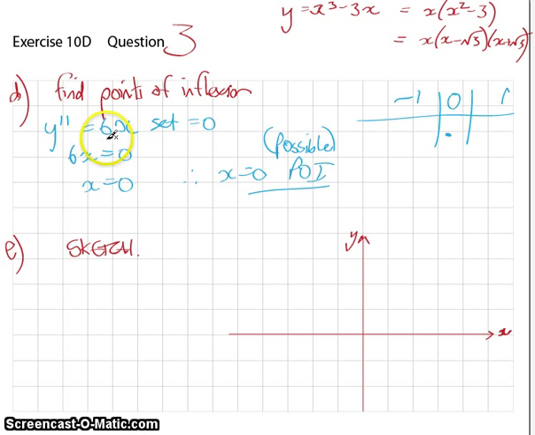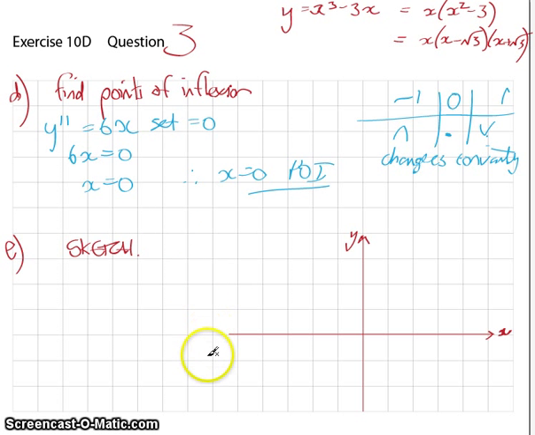So I'm looking at y double dash equals 6x. At x equals 1, this is 6, so that's positive here. It's negative here. So it changes concavity, so it is actually a point of inflection. I can remove the word possible.